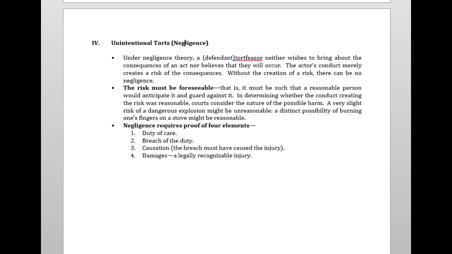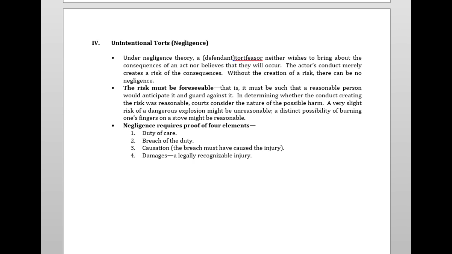Okay? There are 4 proofs that are required, or 4 elements, and they are duty of care, breach of duty, causation, and then damages. There has to be a recognized damage. Let's go back to the storekeeper who has a hole in the roof, who has water on the floor, who didn't put up the signs or fix the roof.